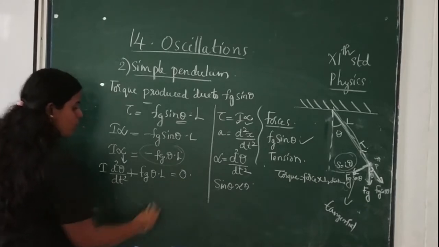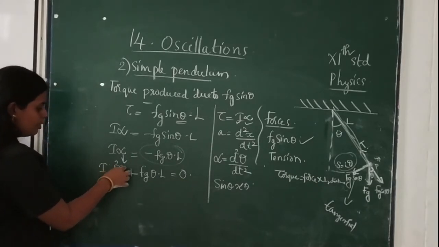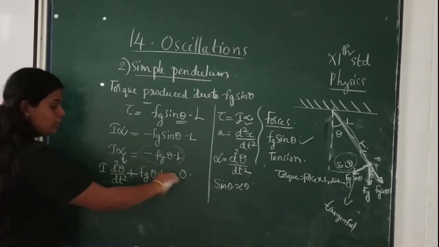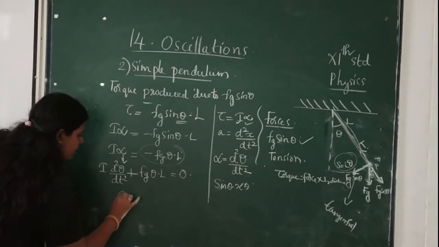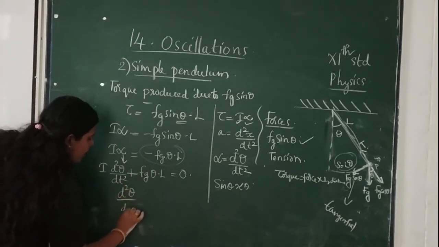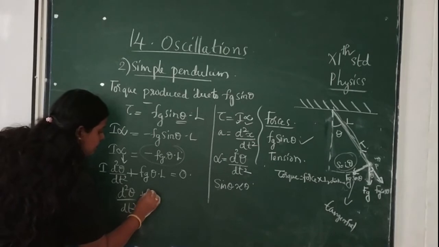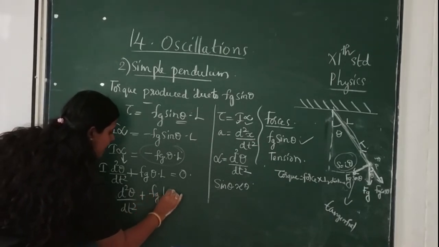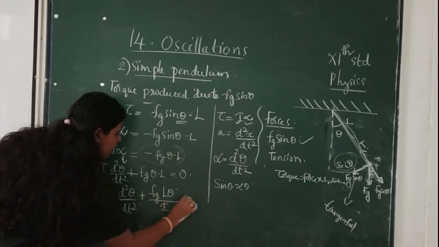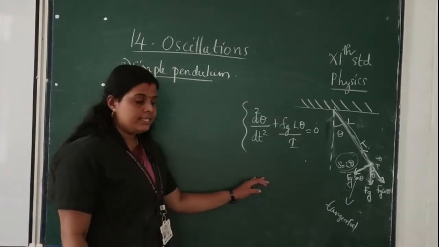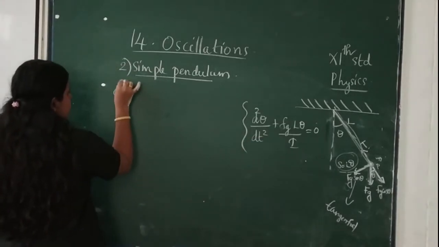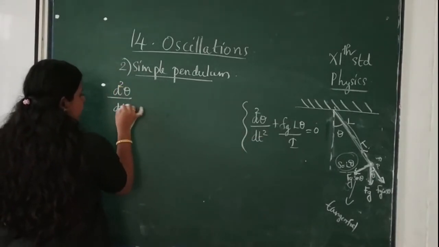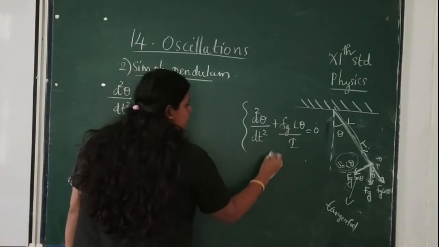Now divide throughout this expression by I, the coefficient of d square theta by dt square. So what do we get? d square theta by dt square plus Fg L into theta by I equal to 0. So listen, we got an expression like this, d square theta by dt square plus Fg. What is Fg?